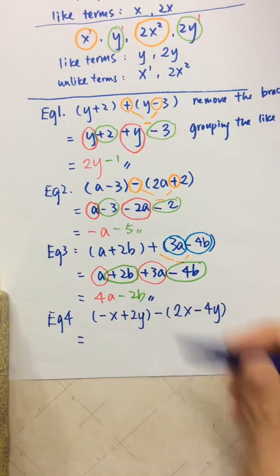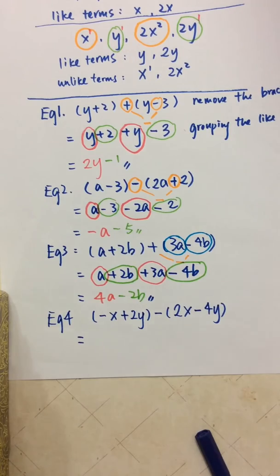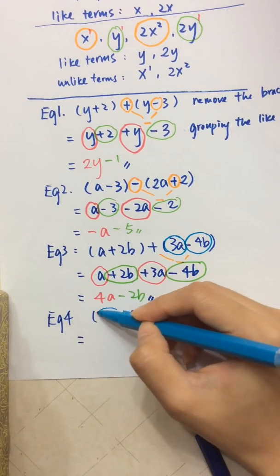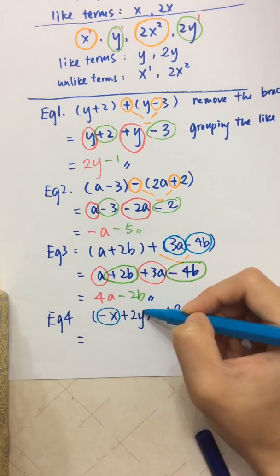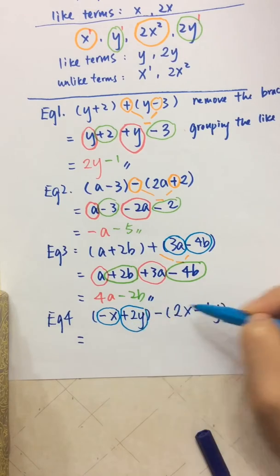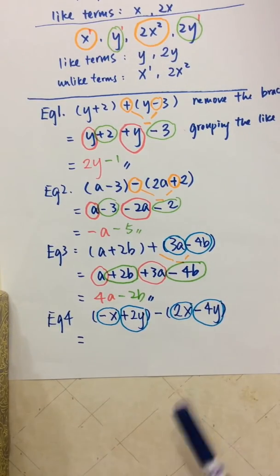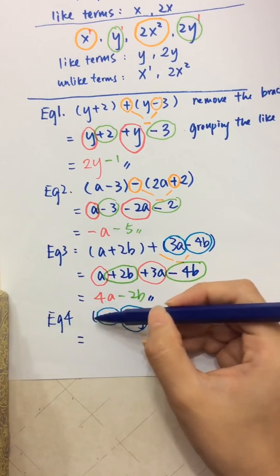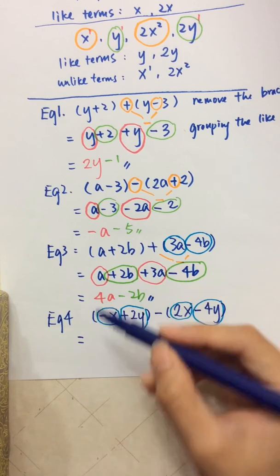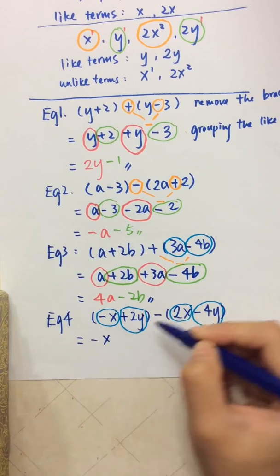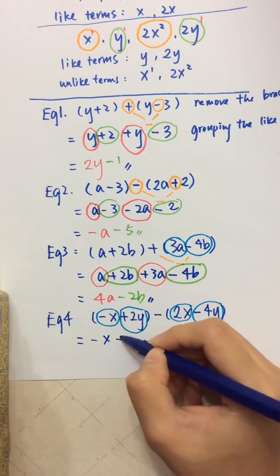For this one, you can also circle by one: negative x and then plus 2y, 2x negative 4y. Do you have any symbol you need to consider? No. So just put it down: negative x and then plus 2y.